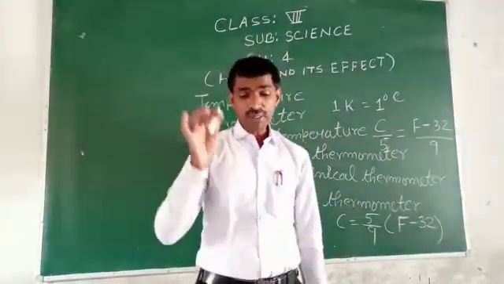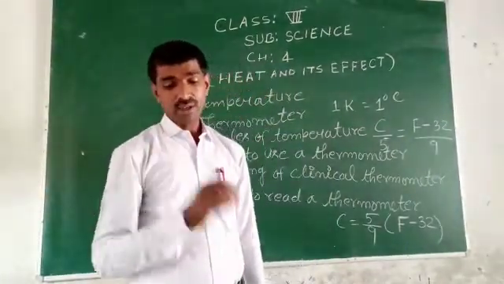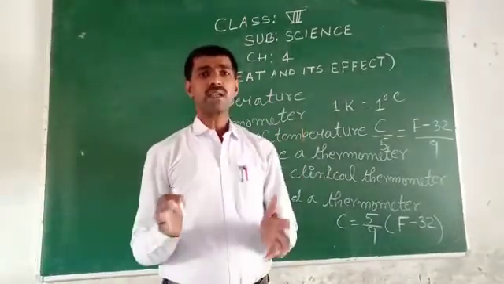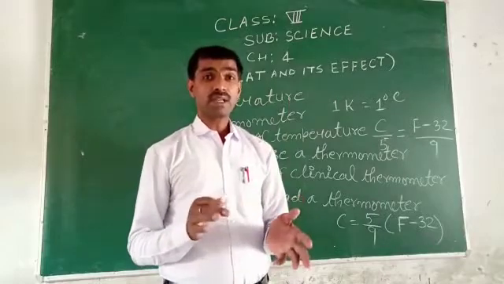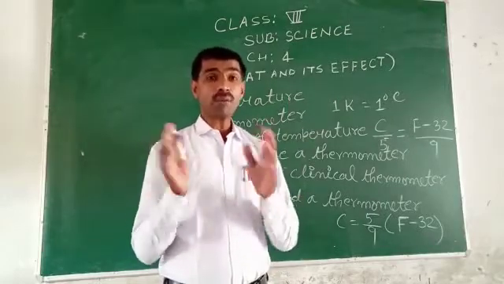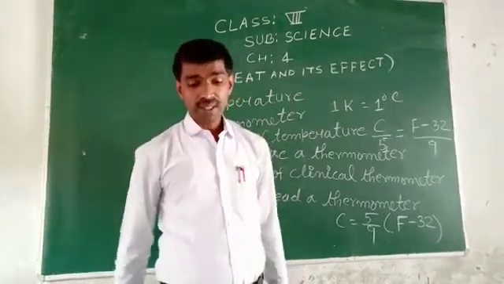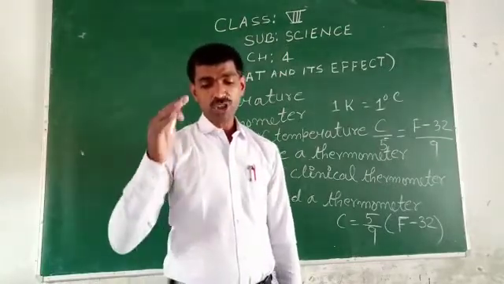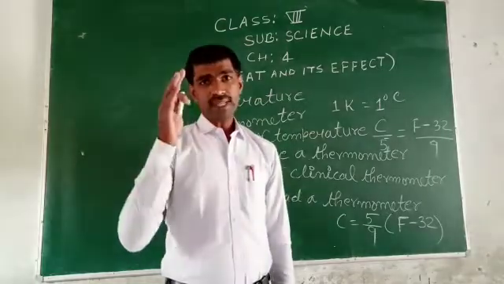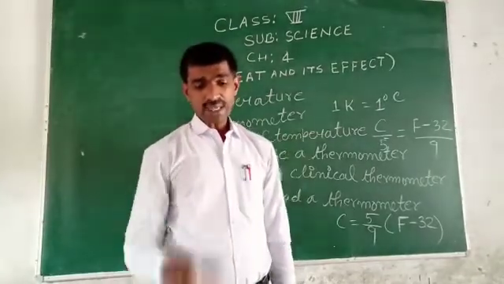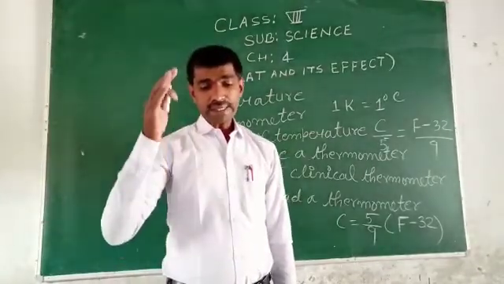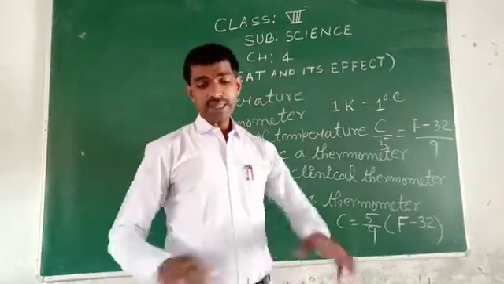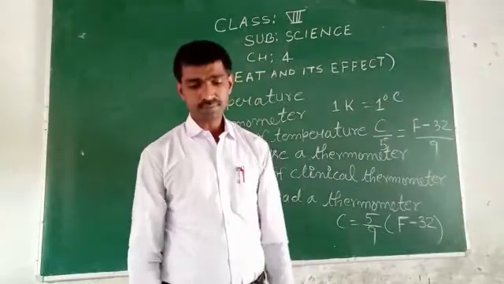When the thermometer is placed under the tongue or under the arm of a person, the mercury expands with warmth and pushes past the kink.